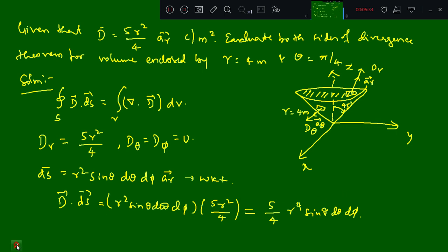So now the surface integral D dot dS is nothing but, apply the integration.